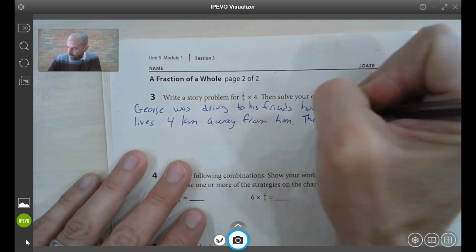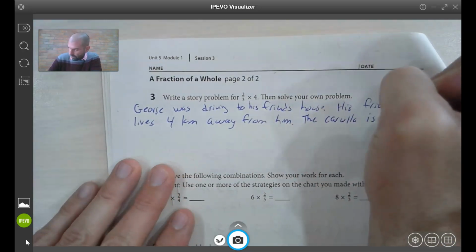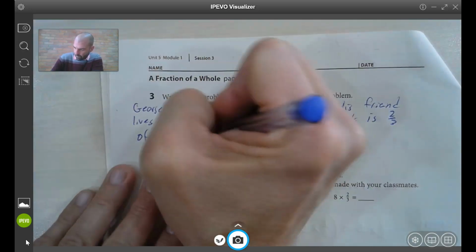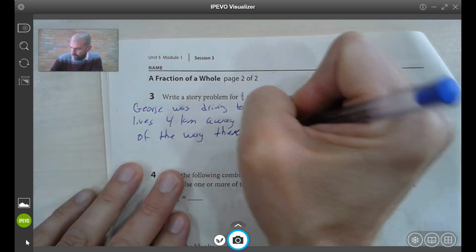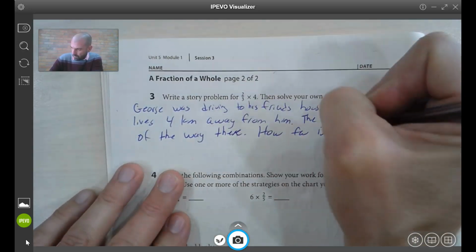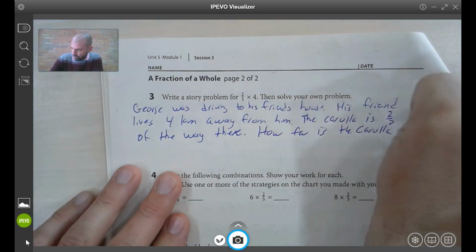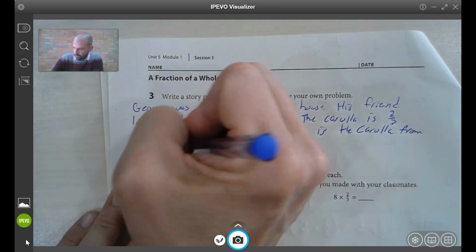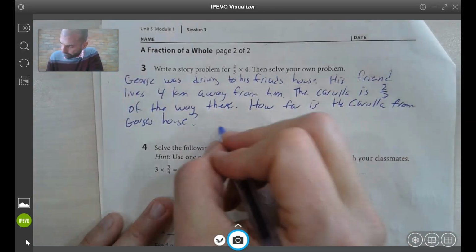The car is 2/3 of the way there. How far is the car from George's house? All right, not much room to solve this, but let's see.